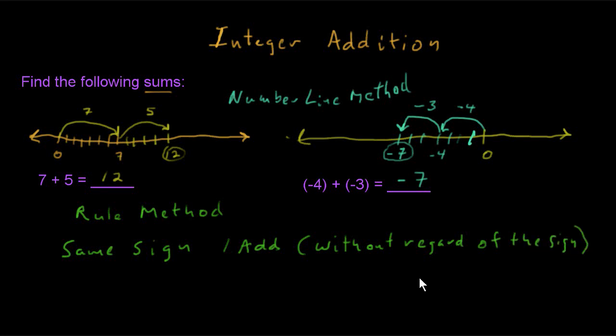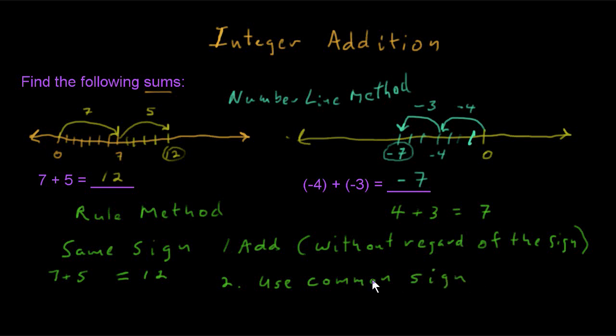In the first problem we're just going to add 7 to 5. And so 7 plus 5 is 12. So our first step is just add them, and we've done that. On the second one, we're just going to disregard the signs again, and we're just going to do 4 plus 3, that's 7. But then the second part to the rule is that we want to take the common sign.